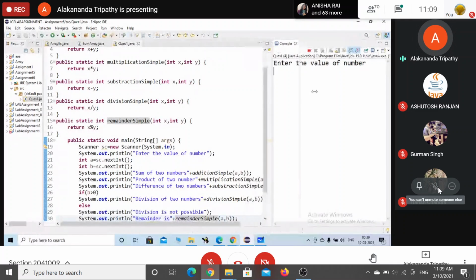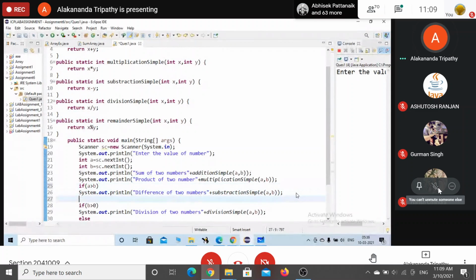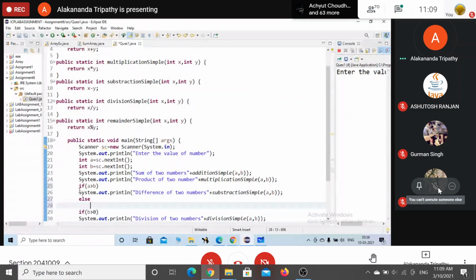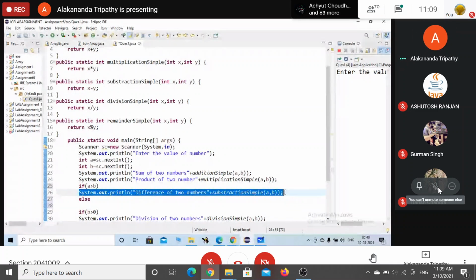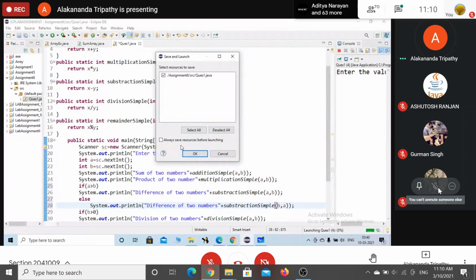One should be larger than the other. Okay, if A greater than B, then call this one. Else, क्या करोगे? If B is greater than A, then change it. Otherwise, you will get the result in the B comma A minus.